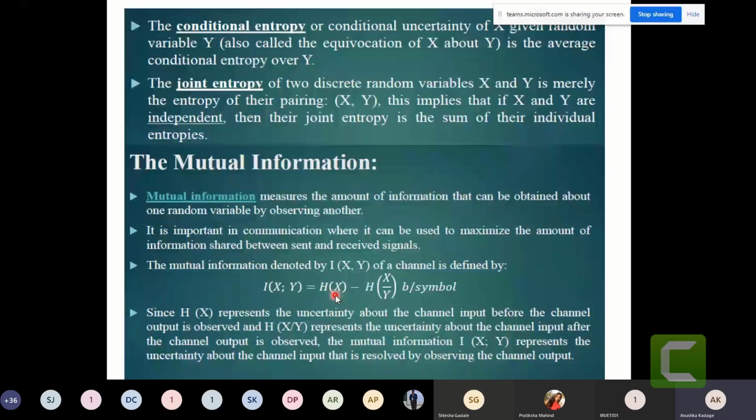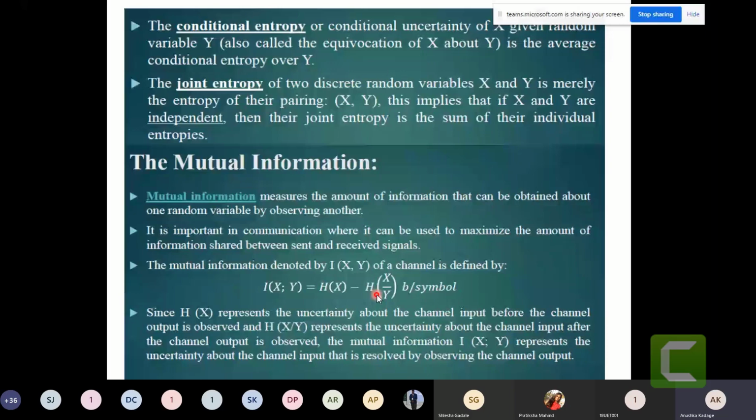But when I observe that y is present at the receiver, it means a symbol has been received, and whatever symbol we received must already have been transmitted in the form of x. To understand the uncertainty related to the received symbol which was transmitted as x, we take the conditional entropy H of x by y.